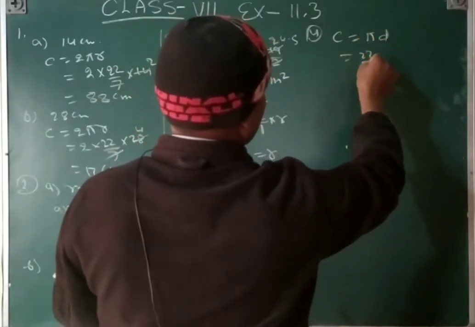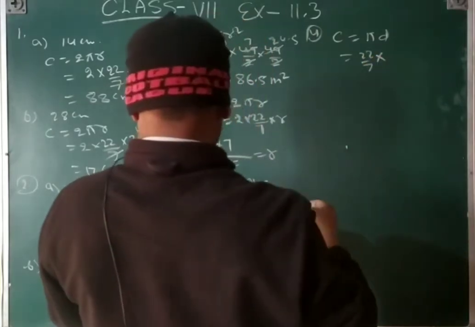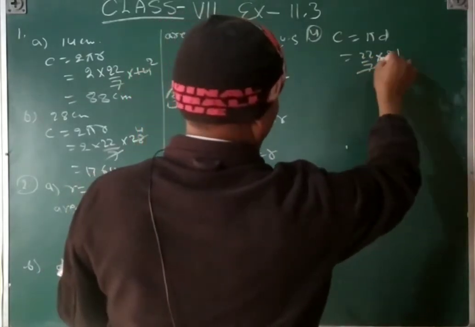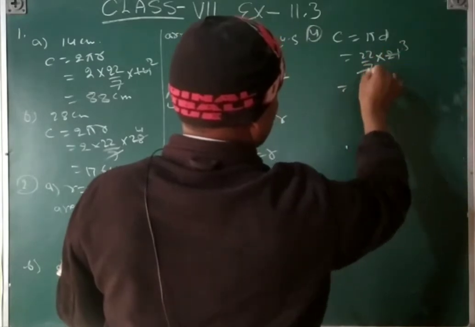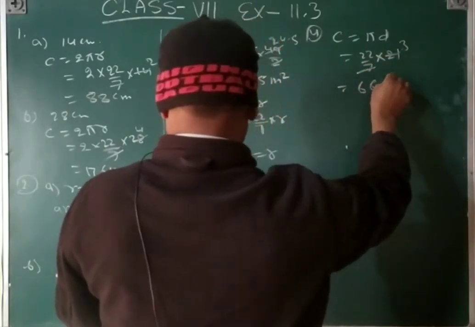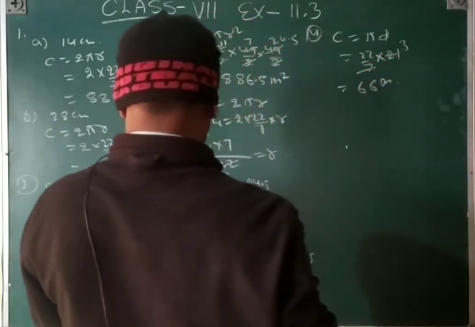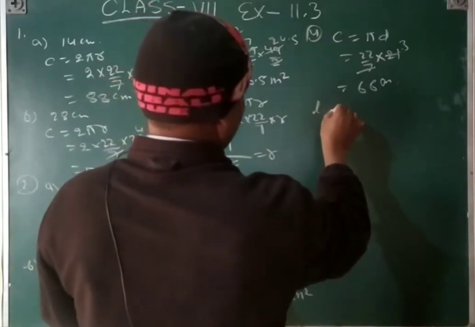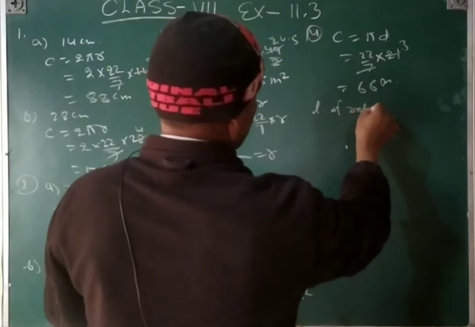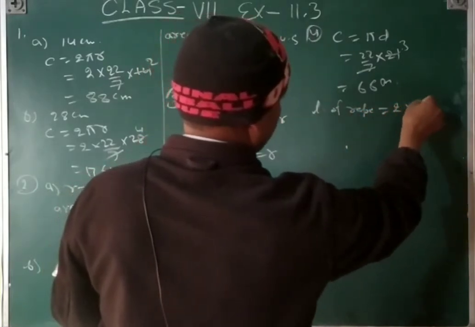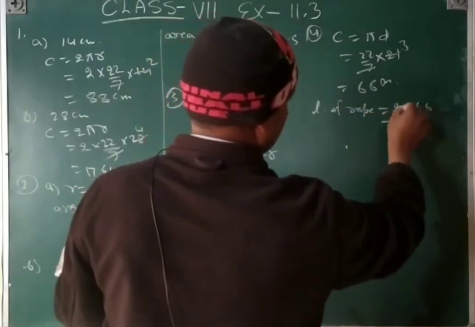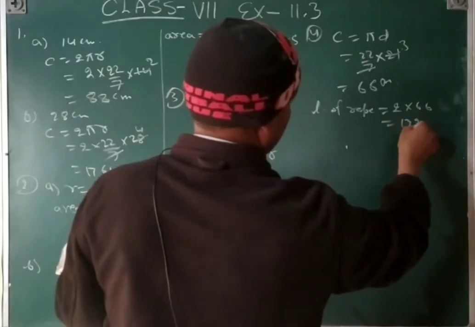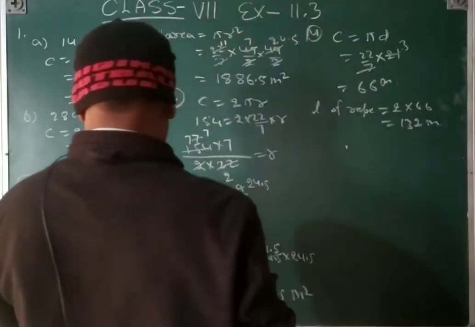So 22 upon 7 into the diameter, which is 21. 3 ja, so 3 2 ja 6, 66 meter. So the length of rope is equal to 2 times that we are doing here. So 66 into 2, 132 meter is needed.